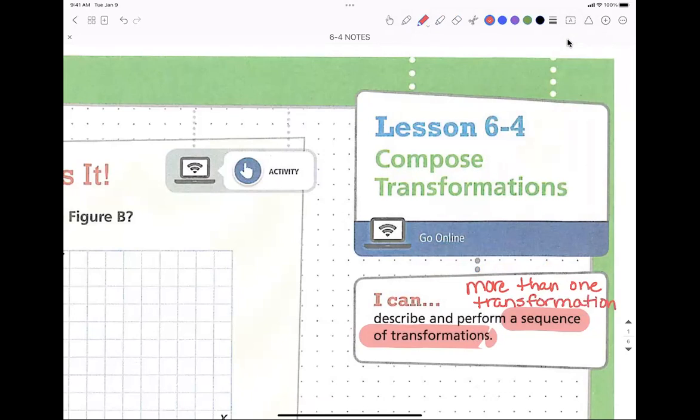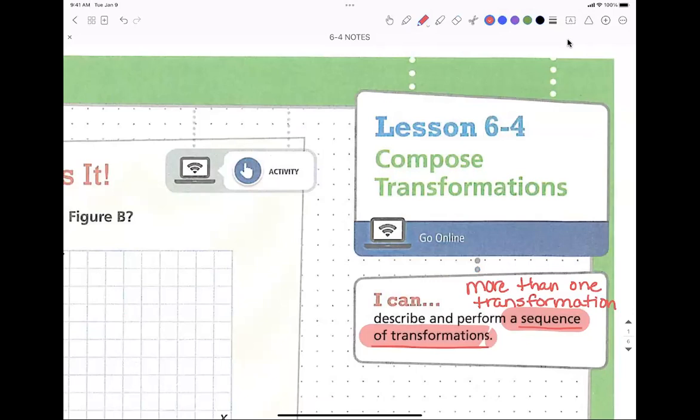Because sometimes when you look at a pre-image and an image, there's more than one way to get from point A to point B. And sometimes the difference in you doing it right or wrong is going to be you following directions. Because if it just says what maps this transformation and it doesn't give you anything specific, then you can just do one move if it's possible. But if it says sequence of transformations, that means even if it's possible to do it in one move, they want it in two moves.